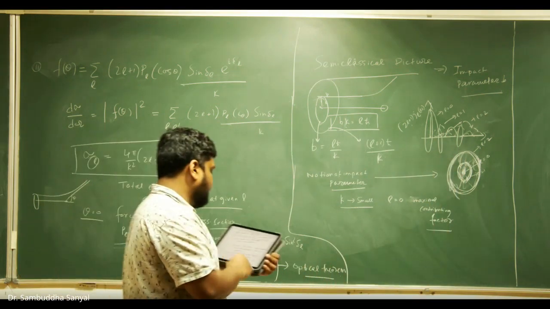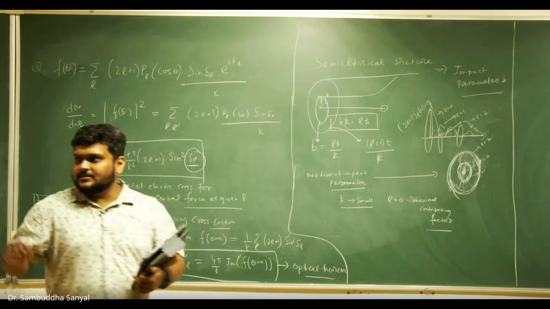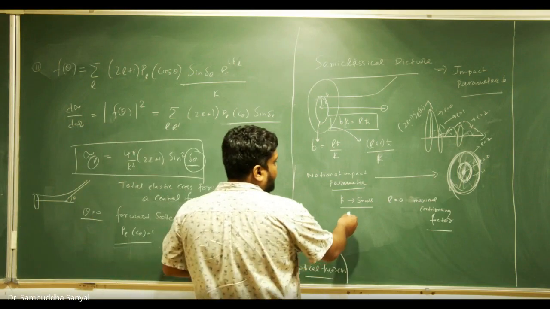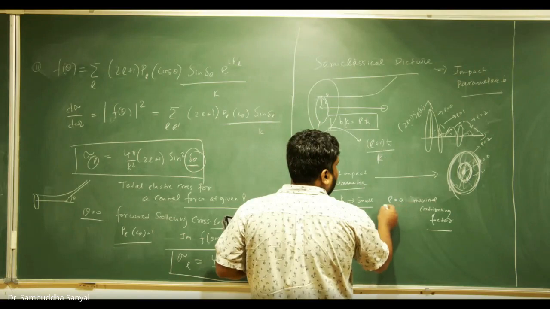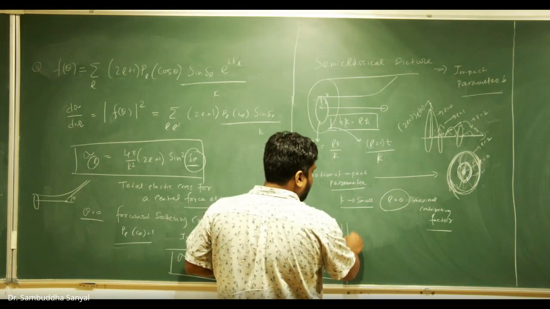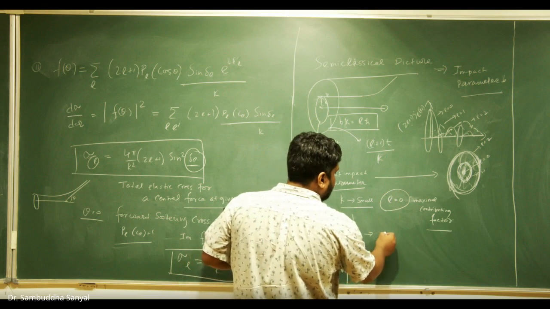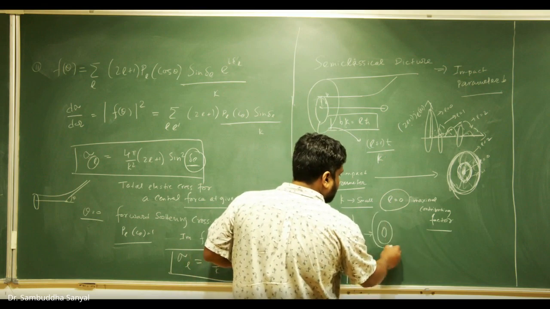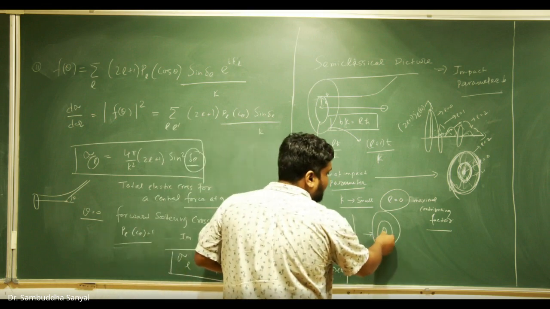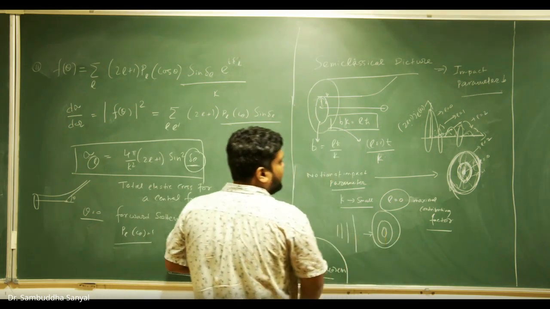So if you have a soft scattering, meaning a very low linear momentum particle, then the most probable contribution will come from L equal to 0. You have a plane wave which is written in terms of these spherical waves. So the maximal probability will be for L equal to 0 if the momentum is low.